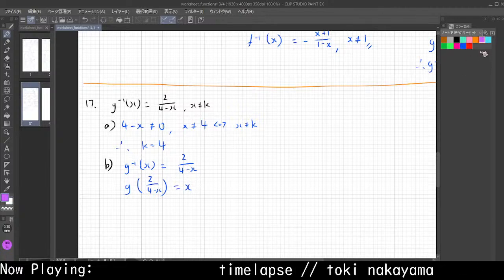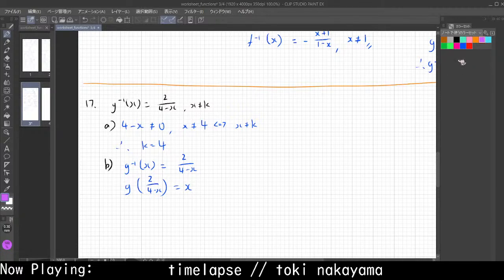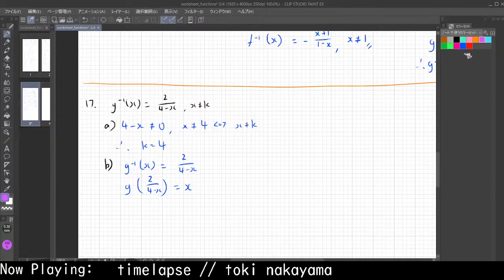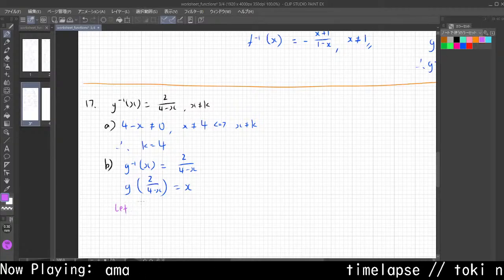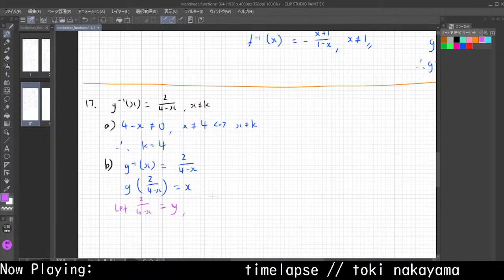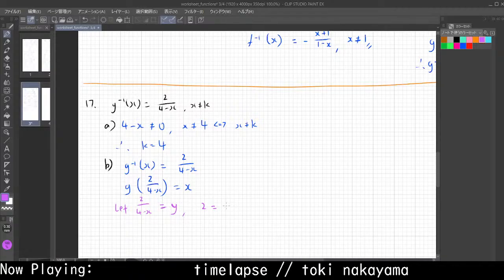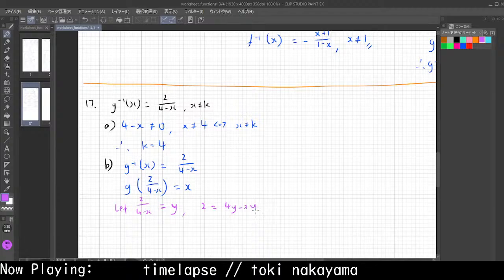Same thing, you want to let y. In this case, if you want to, you can just directly use the minus 1 thing, but for me it's easier to use this. Let 2 over 4 minus x equal y. Rearrange things: 2 equals 4y minus xy.